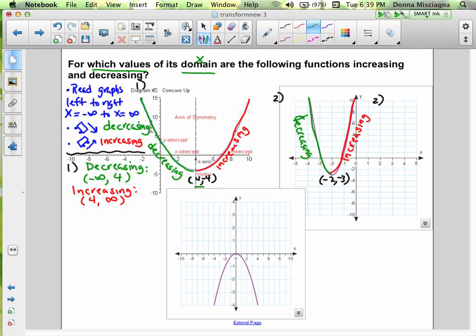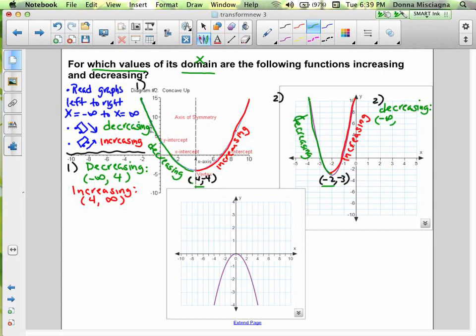We'll start with decreasing. I could have started with increasing, but it doesn't matter. Decreasing from, so we start off right in the beginning, we're decreasing, so it's -infinity. We switch at the vertex, and it's when, not what, so the when we switch is the x value.